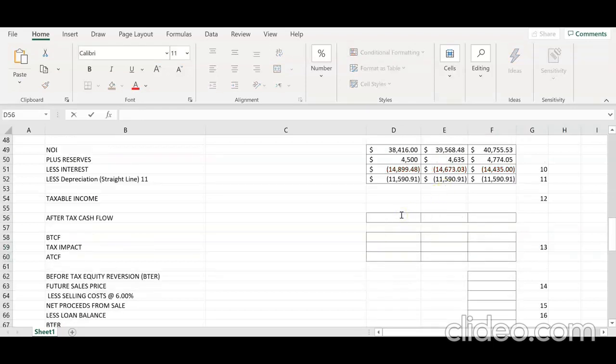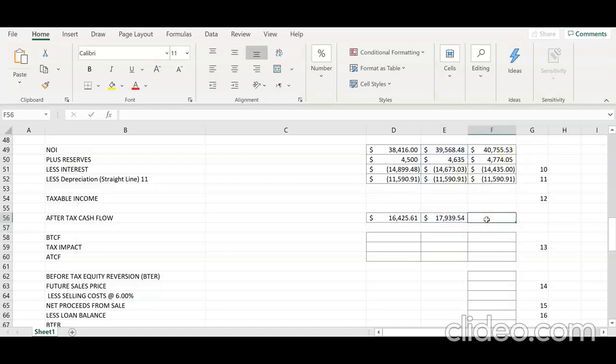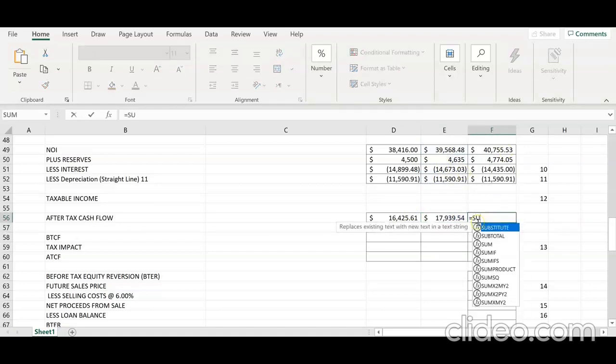For the after tax cash flow, I use the function sum, and then I selected all of the first column. Same process for the second column, same function sum, select all, and the third one would be the same sum.